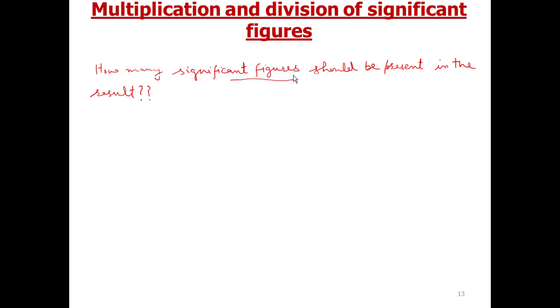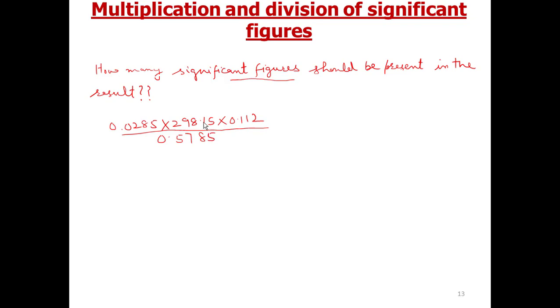So the first question is 0.02856 into 298.15 into 0.112 divided by 0.5785.